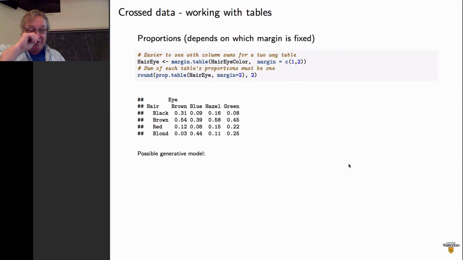I could marginalize over N1, N2. And now what's this look like? Well, this looks like, in fact, each column sums to 1. Okay? So I fixed that there's a fixed sum in each one. What would be a probability model for this? Go ahead.